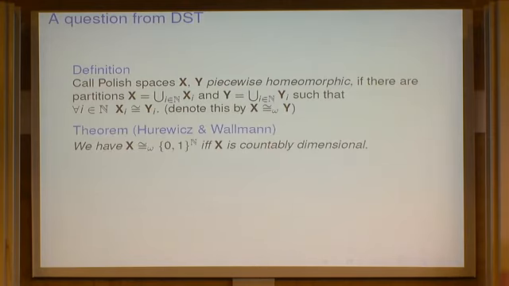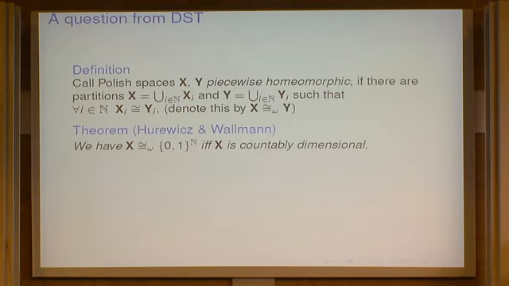And then it turns out that the small inductive dimension of the space being a well-defined ordinal number is just the same thing as the space being countably dimensional. This is true for uncountable spaces, of course. If you have finite or just countable spaces, this is a rather boring thing. So for uncountable spaces, they're going to be countably dimensional if and only if they're piecewise homeomorphic to Cantor space.